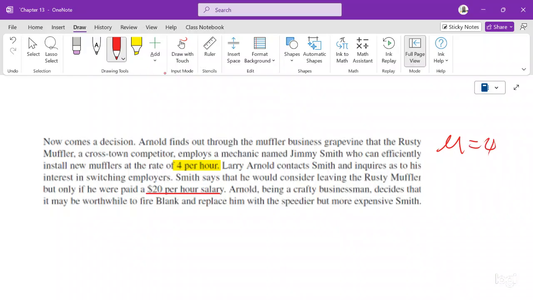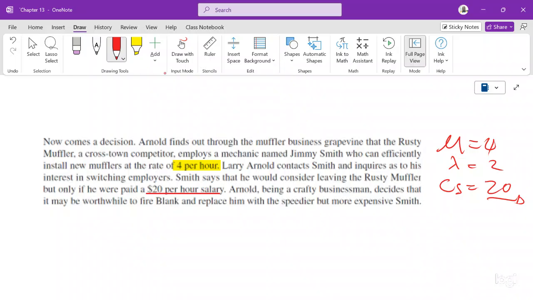Arnold contacts Smith as to his interest in switching employers. Smith says that he will consider leaving the Rusty Muffler, but only if he were paid $20 per hour. So you know that the new service cost is $20 per hour. That doesn't change the rate of cars that are coming into the system.